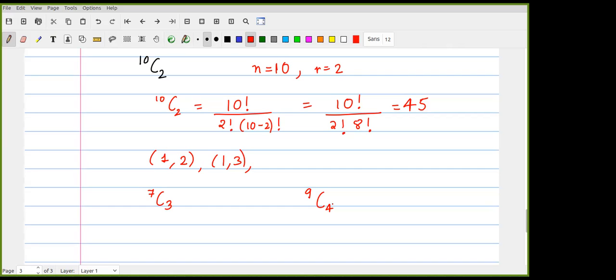The answers are 35 and 126. What is your answer, Ritu? 35. Janvi, what is your answer? The first one is 35. And here? 126. Ritu, what is your answer? 126.